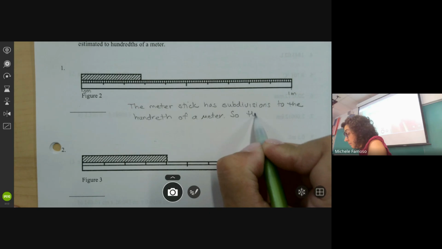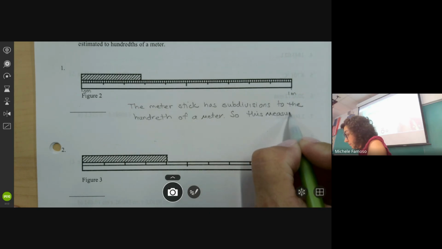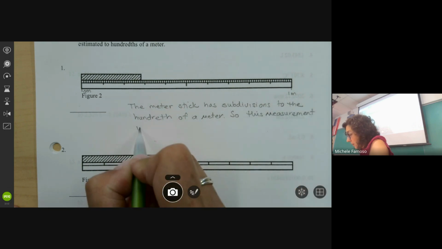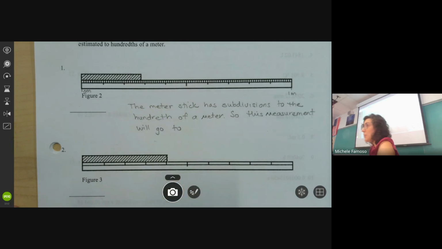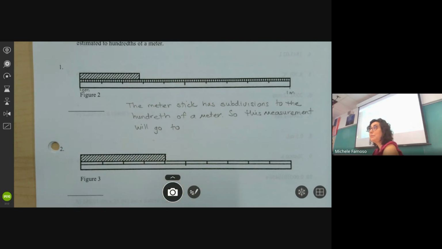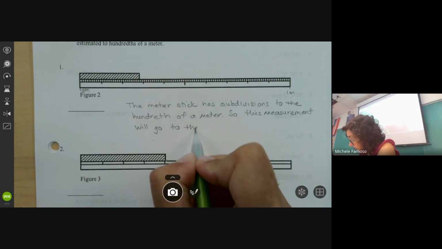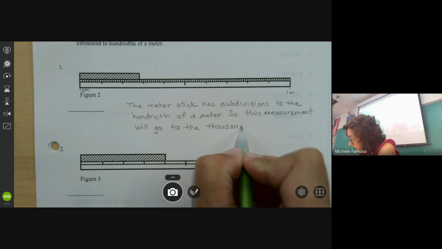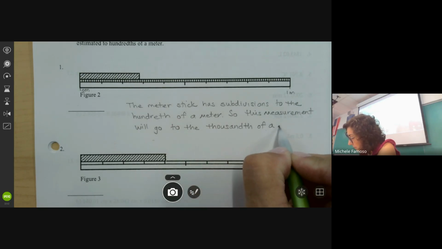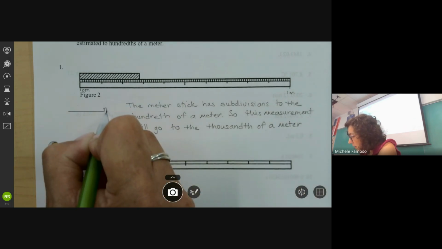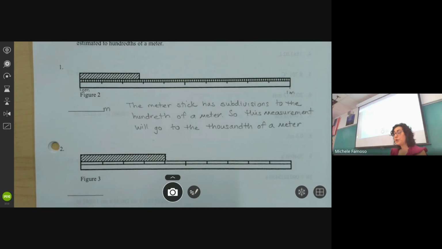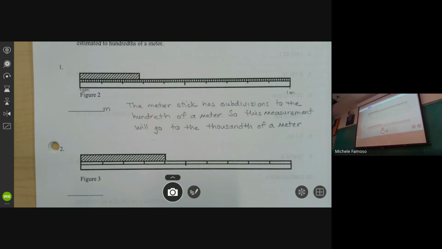So this measurement will go to what decimal place? The 1,000th of a meter. Now there's a line for you to write your answer in meters. Please put a little M at the end. That's the abbreviation for meter. So we know what it is.